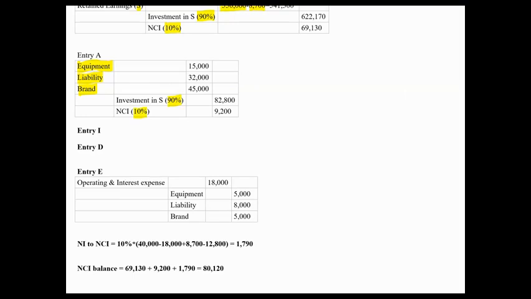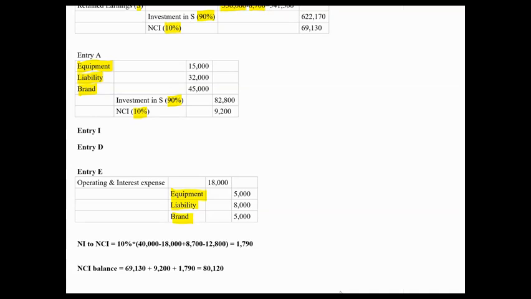And the next one is entry I. Entry I is to eliminate inter-entity income or investment income. But in this question, the investment income is actually the dividend income, and the subsidiary paid no dividend, so we don't need to prepare entry I. And as to entry D, for the initial value method, there is no entry D. And the last one is entry E. Entry E is to recognize those annual excess amortization expenses, including interest and amortization or depreciation related to the equipment, liability, and brand.